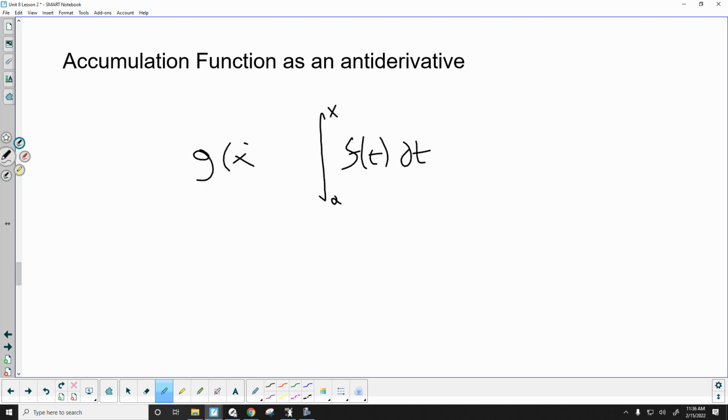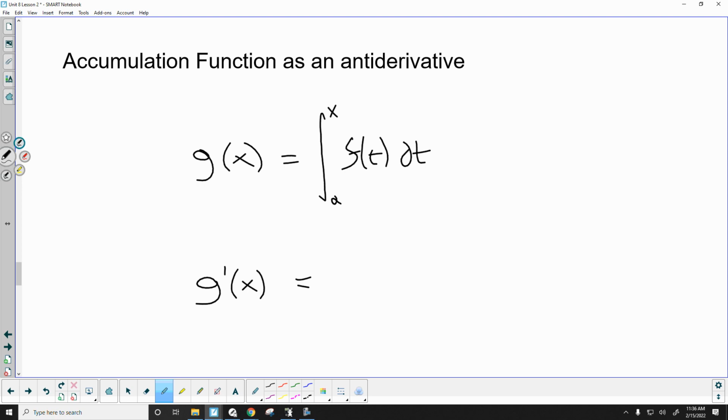We said g of x is equal to this accumulation function, right? Take the derivative of both sides. The derivative of g, I'll say that's g prime.